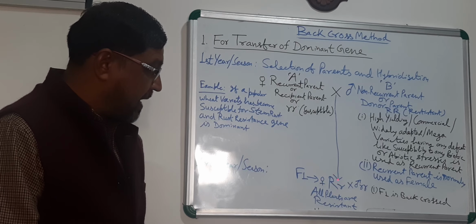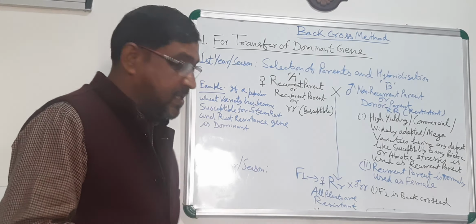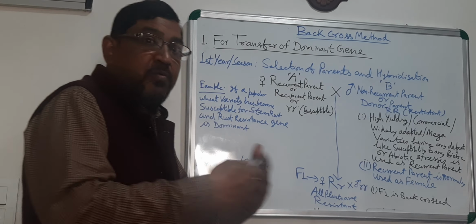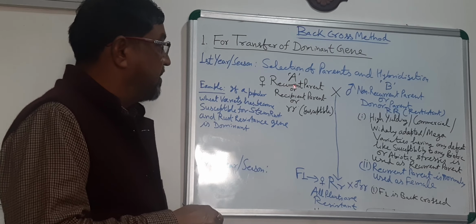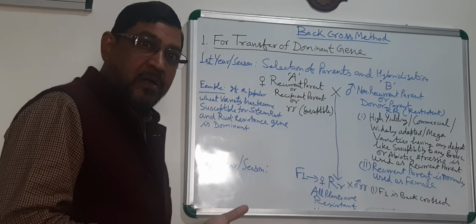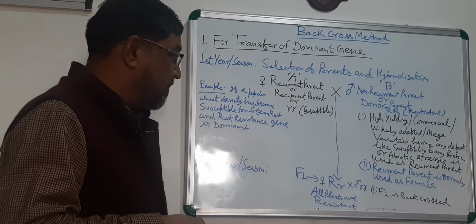So you have got capital R, small r, for which you are interested. We are not dealing with other genes; here we are interested to deal with this. And later on we are going to recover the full cytoplasm and almost all the genes of this recurrent parent.